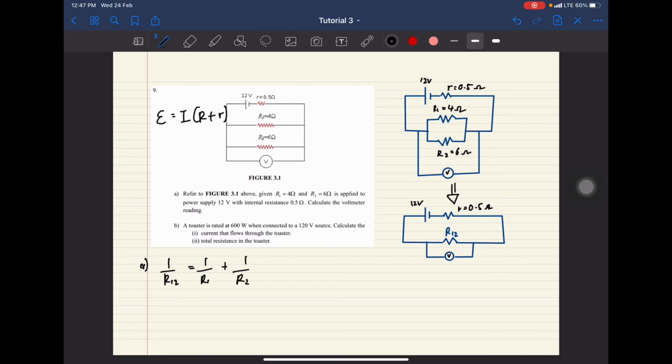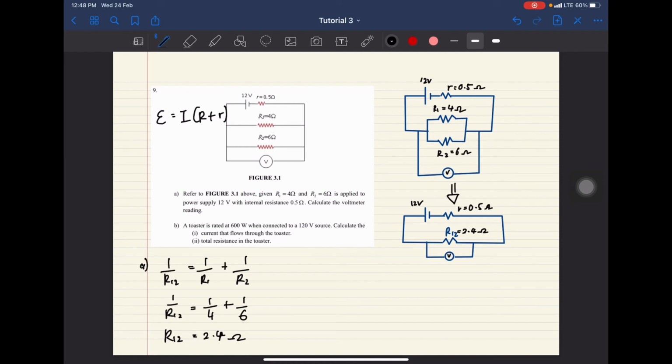I just have to substitute everything. 4 and 6, sorry. So it will be 1 over R12 equals to 1 over 4 plus 1 over 6. If you press your calculator, you should get 2.4. This one is actually 2.4 ohm.